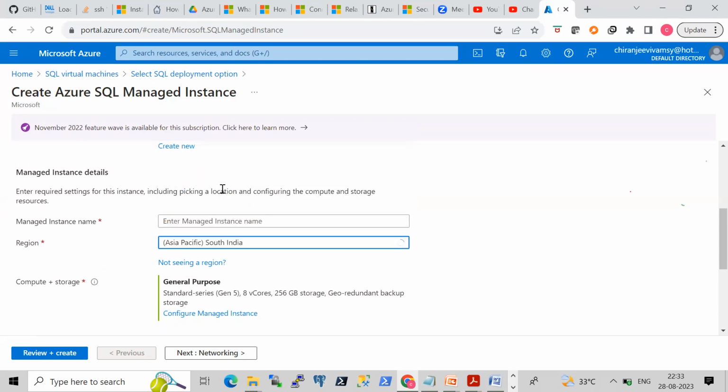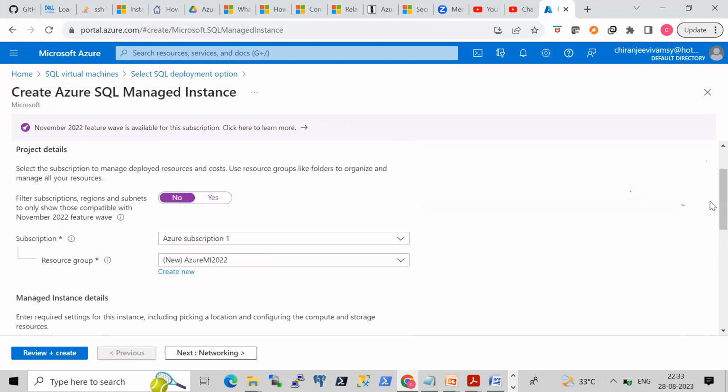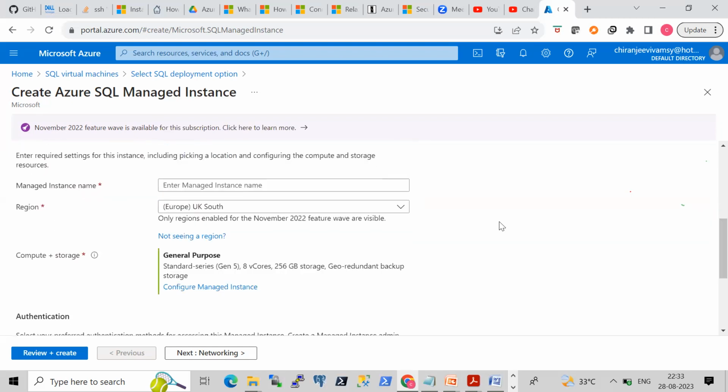If I wanted to go with that new feature wave I'm talking about, it's not there. So it won't allow us to choose South India. For the moment, it's not there in India. That is also one more thing. So before deploying this feature, you have to have this information with you: which Azure regions are supporting this feature wave.